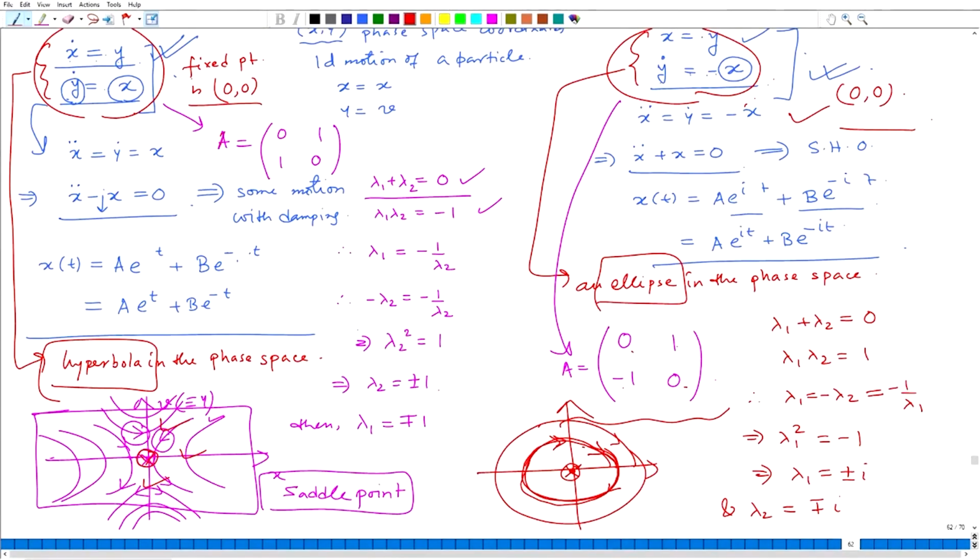So, if they are not 0, the sum can never be 0, that is why they can never come here. Only if you induce some dissipative effect can these ellipses shrink and finally come to this point, and once the trajectory reaches this point, the evolution stops forever.